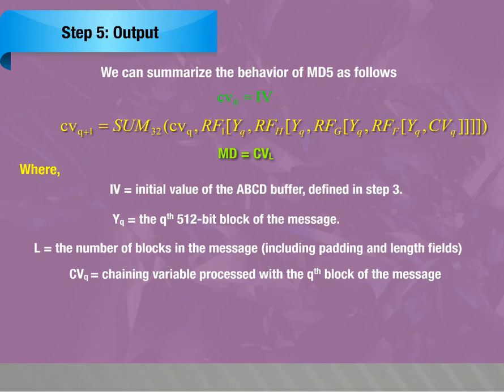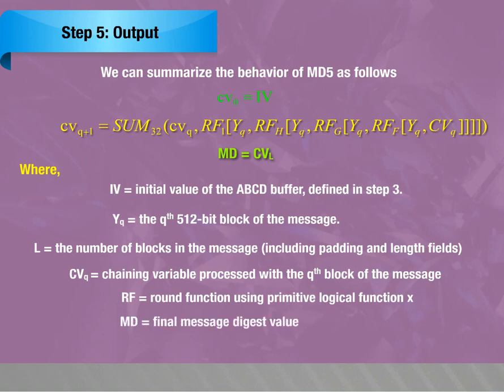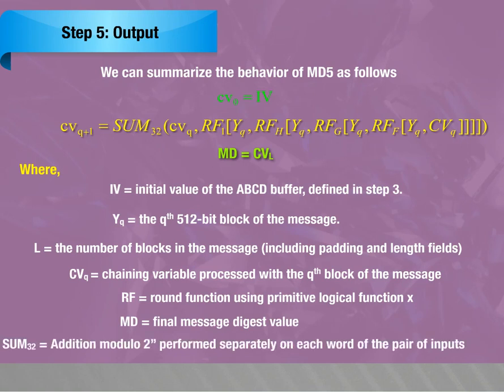CVq is equal to the chaining variable processed with the qth block of the message. RFx is equal to the round function using primitive logical function x. MD is equal to the final message digest value. Sum32 is equal to addition modulo 2^32 performed separately on each word of the pair of inputs.